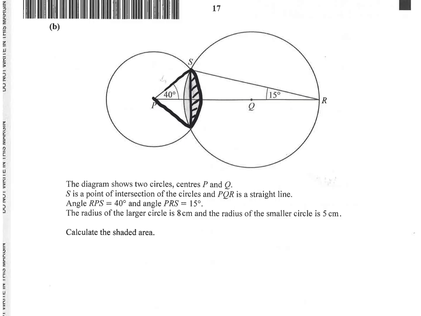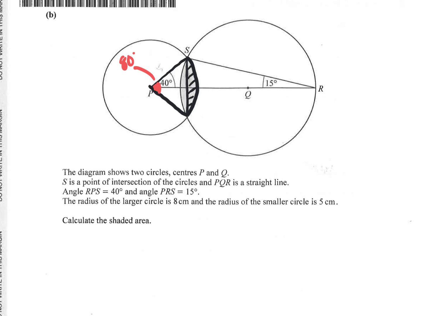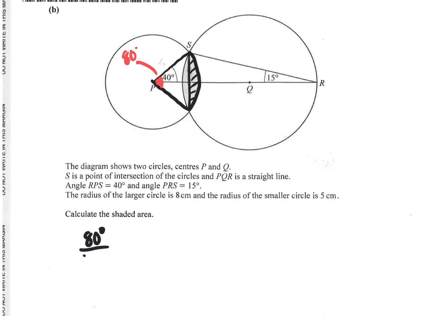So this thing is 80 degrees. Can I find the area of that segment, the black one? So it's 80 over 360 times pi r squared. My radius for the small circle is 5. Then minus the area of the triangle.